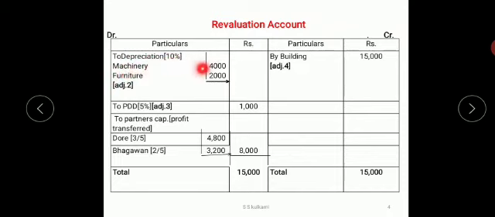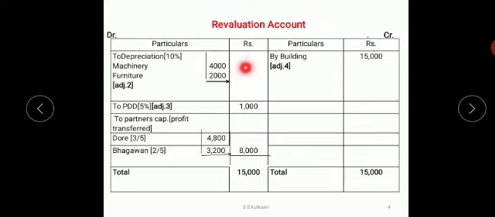Machinery cost is 40,000, 10% amounts to 4,000. Furniture book value is 20,000, 10% amounts to 2,000. So the total of 6,000 has to appear in this column.